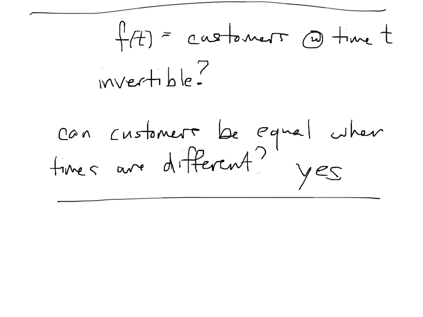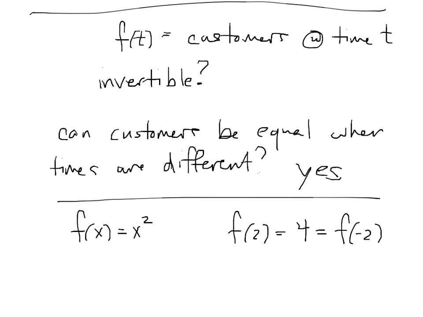The reason why x squared is not invertible is because f of 2 is 4, but so is f of negative 2, which means we have the same number of customers, but at different times. Right.